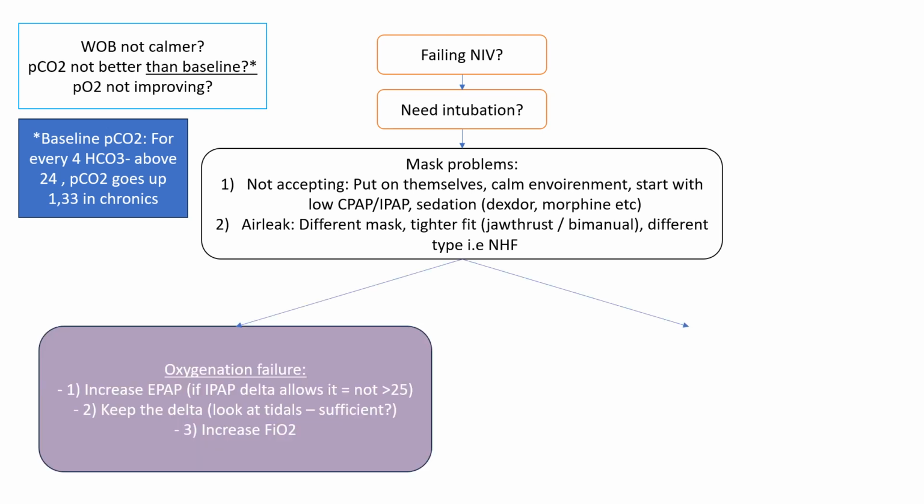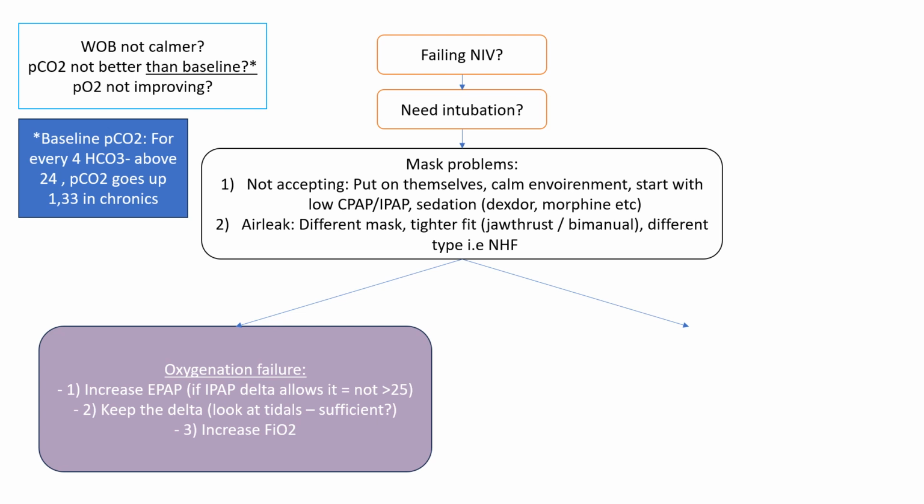Then, if it's an oxygenation failure, we can increase the EPAP. If there's also a problem with the CO2, then if you add EPAP, you're decreasing the delta. Like if you're going from 5 to 7 and the EPAP is 10, then you're decreasing the delta from 5 to 3.